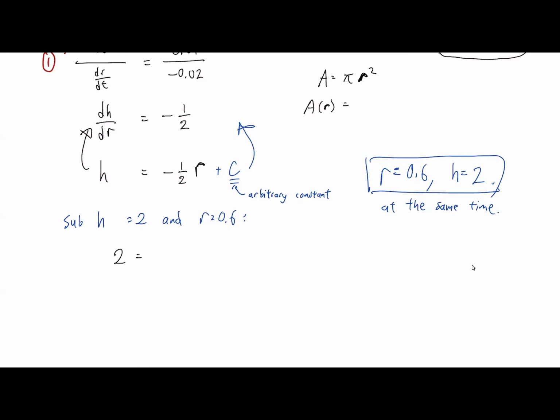So A is actually the same as A of r, using function notation, like f of x equals x squared. It's just that usually we don't put the bracket r. We just drop the bracket and write A, but it's implied that it's a function of r. Is that okay? Usually dropped for simplicity.